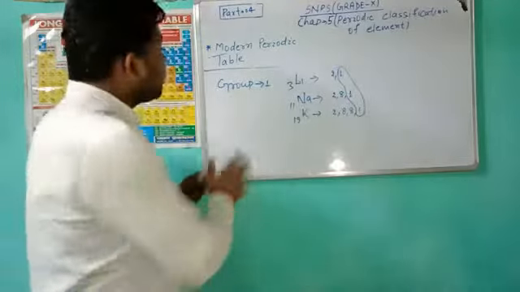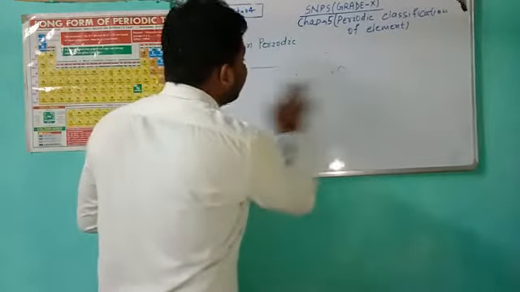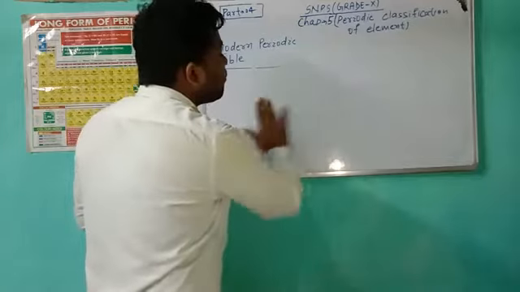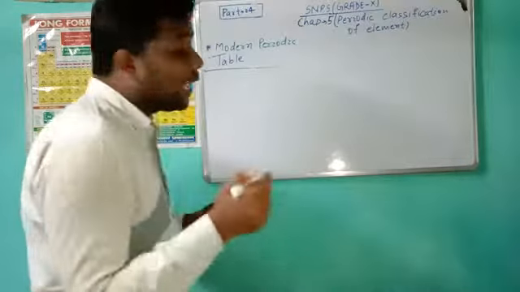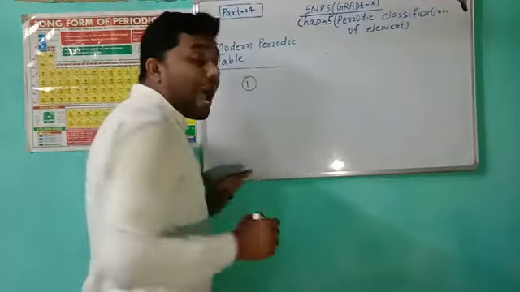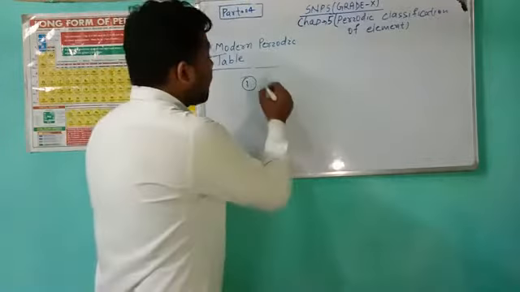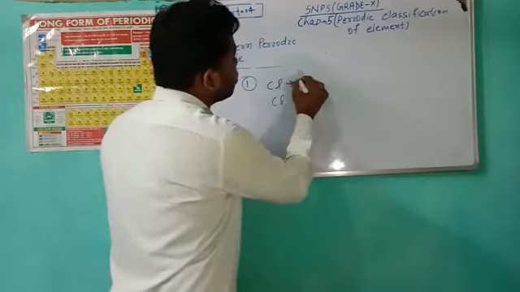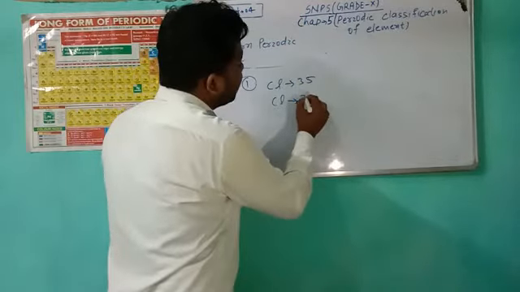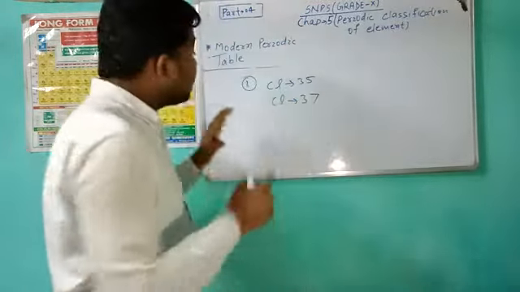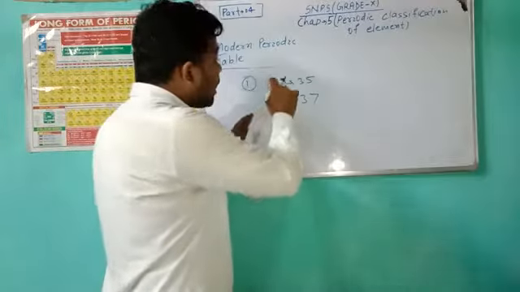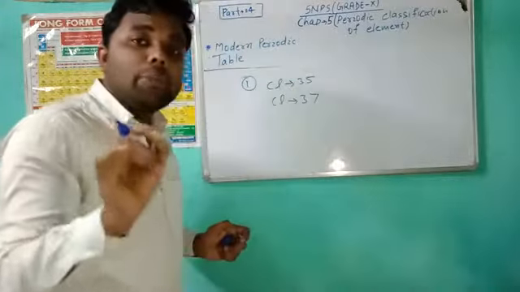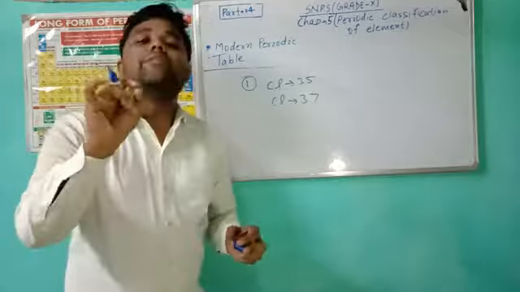I gave the example of chlorine. Chlorine has two isotopes, 35 and 37, but both have the atomic number 17.